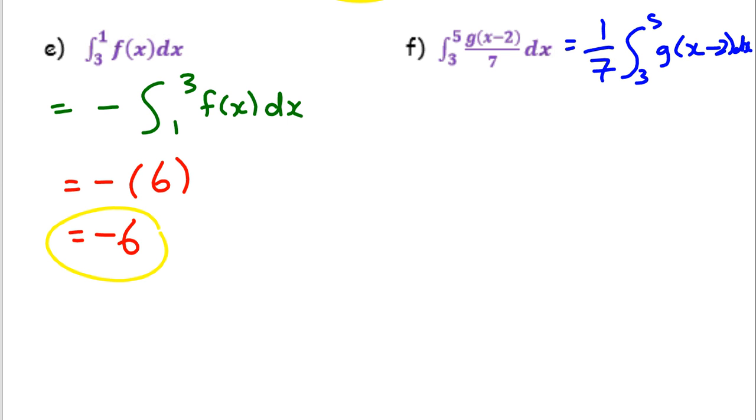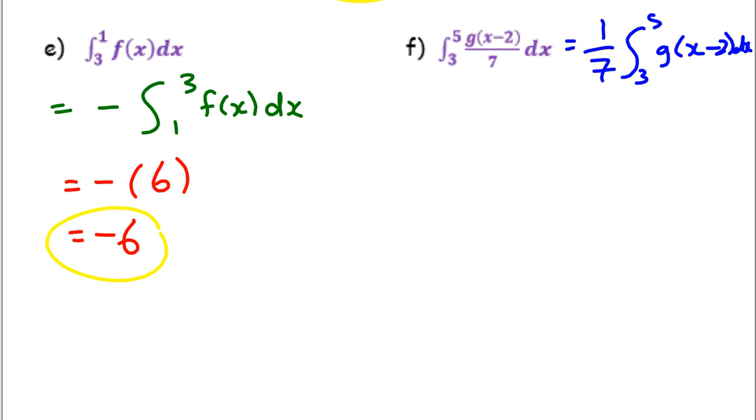This is bringing in a little bit of transformations, like with functions. Remember that x minus 2? Is that a horizontal or a vertical shift when it's in the bracket? Horizontal. Horizontals in the bracket tend to be counterintuitive, don't they?